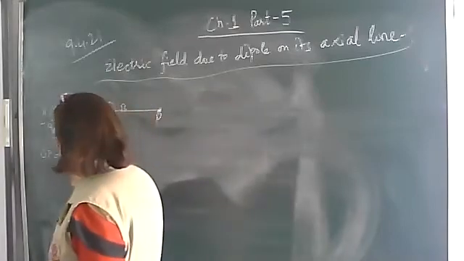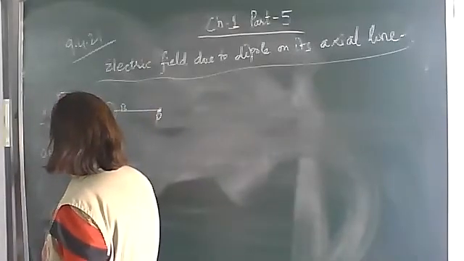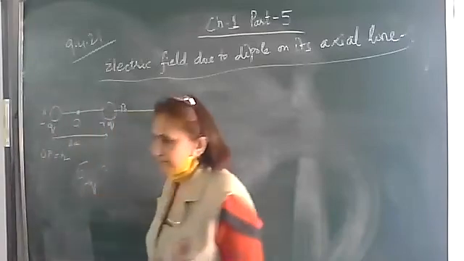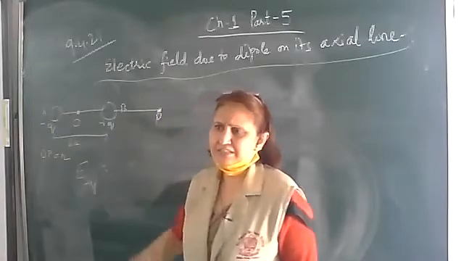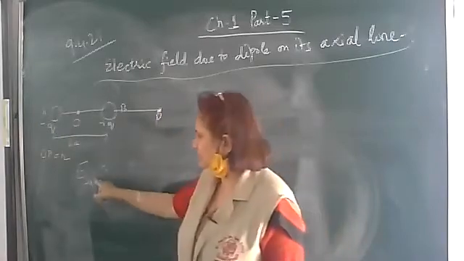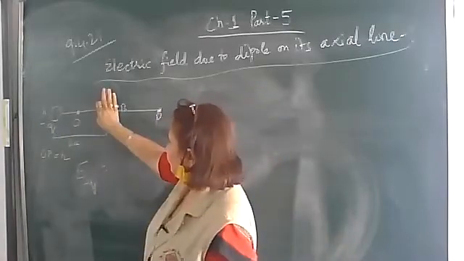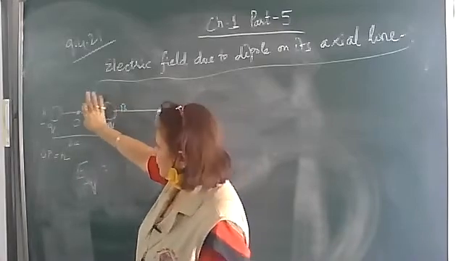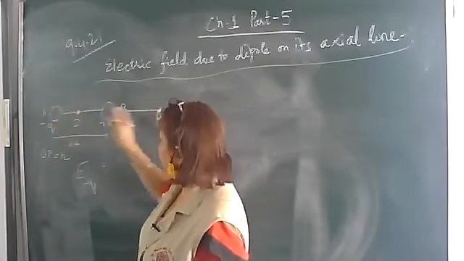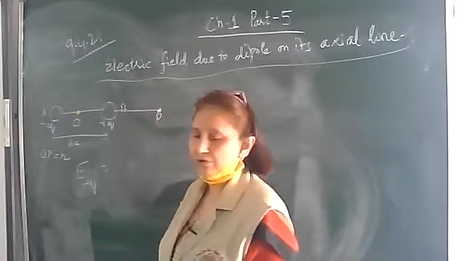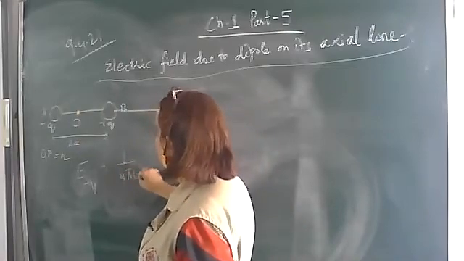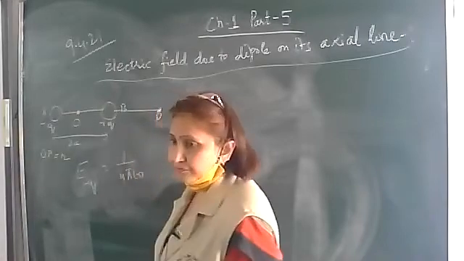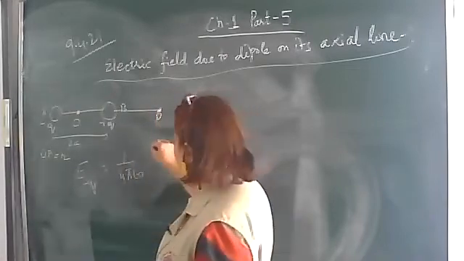So the electric field due to minus q charge at point P, you can write the subscript as minus q. Forget that there is some other charge over here. Only due to this minus q at point P you have to find out. We know that the magnitude of the electric field is 1 upon 4 pi epsilon naught, q upon the distance square.